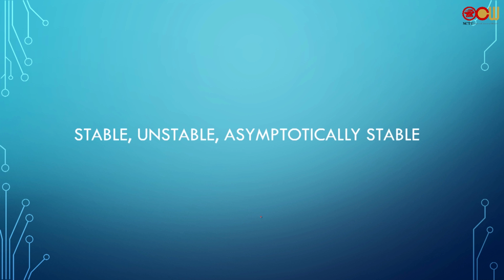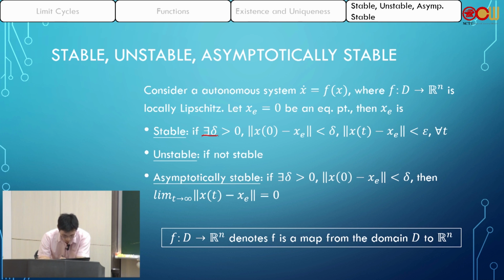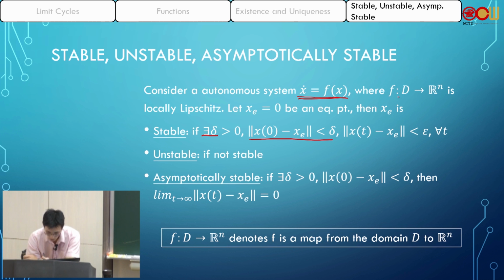To define what is stable, unstable, and asymptotically stable. Stable means that there exists a delta greater than 0, any positive value, could be as small as possible. f is a function which is locally Lipschitz. Locally means not globally.